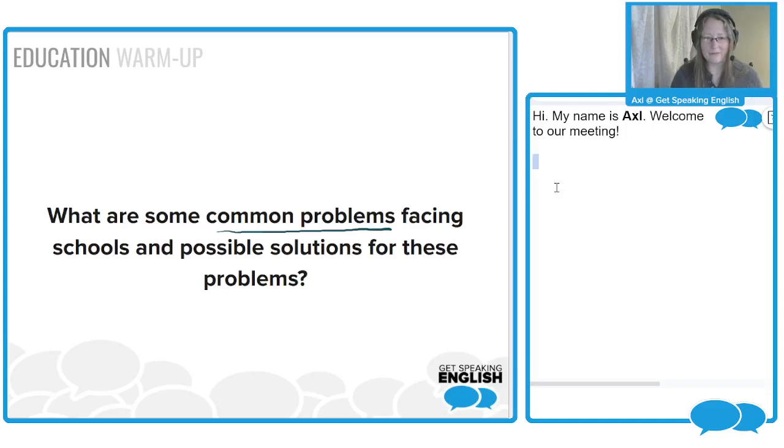I think when we think about education and schools, funding comes up. And not just funding, but inadequate funding. So when we have inadequate funding, that means there's not enough funding.